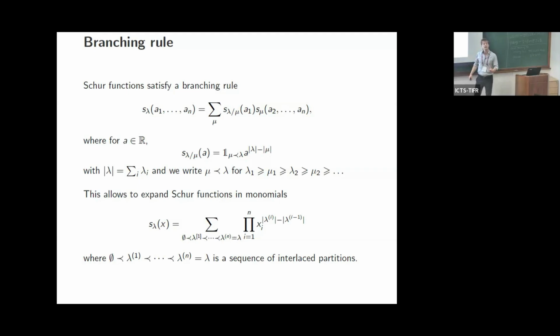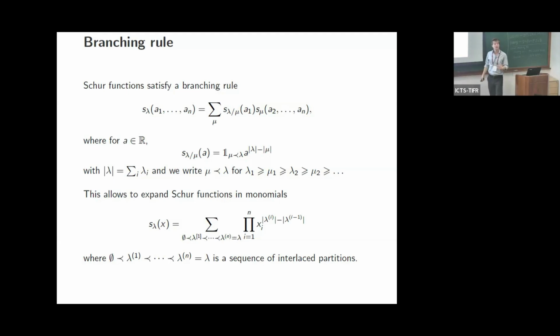The sum is indexed by a sequence lambda superscript 1, etc., up to lambda superscript n of interlaced partitions, and what I sum is a simple monomial, xi to the power of the size of lambda i minus the size of lambda i minus 1. That's sometimes called the combinatorial formula for Schur functions.